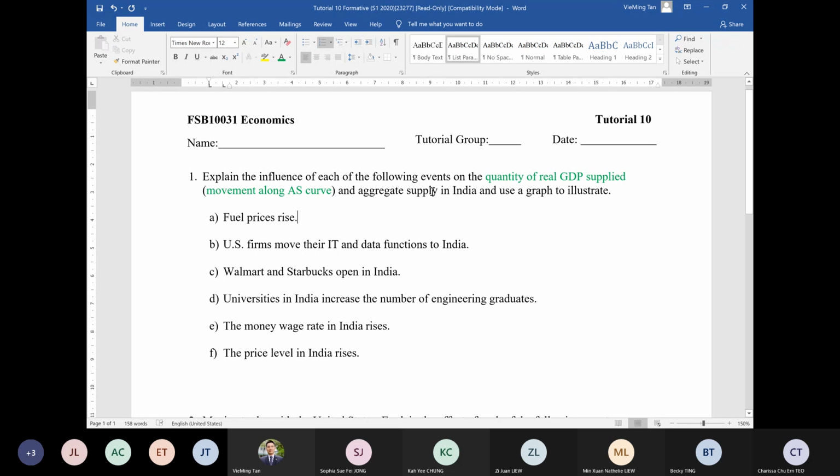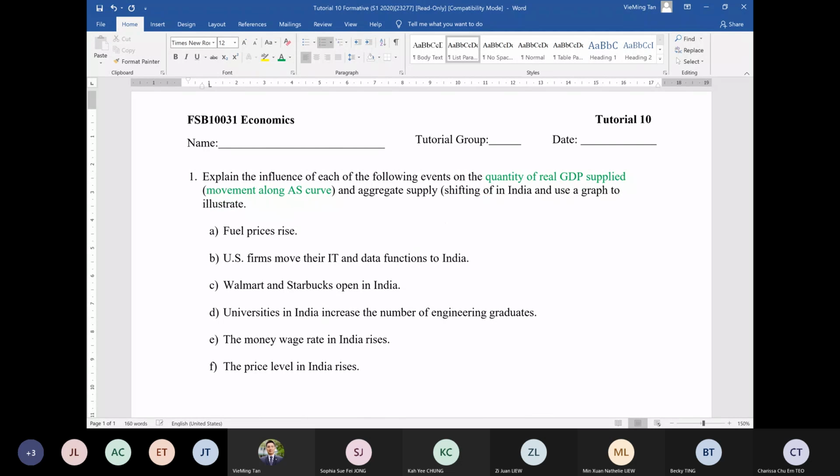Okay. Aggregate supply, what is the meaning? That means it's the shifting of the supply curve. That means the supply curve will shift either to the left or to the right. I use the word shifting. Shifting of the AS curve can be due to the production cost, mainly due to the production cost.